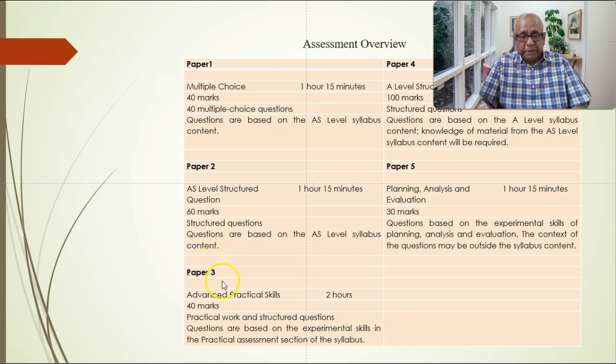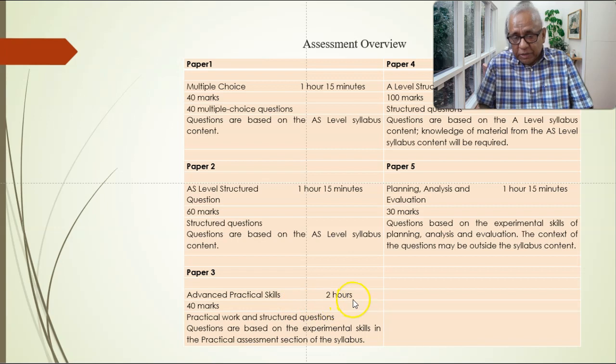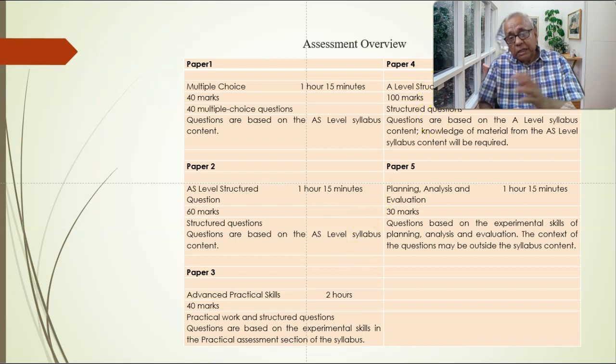The third paper, time is 2 hours, 40 marks, and it is based on practical work and structured questions. Questions are based on the experimental skills in the practical assessment section of the syllabus. Now we move to paper 4, A-level structured questions. 2 hours time, 100 marks.